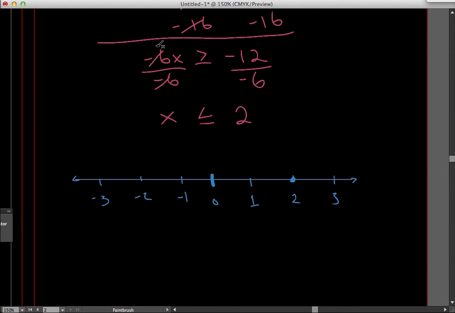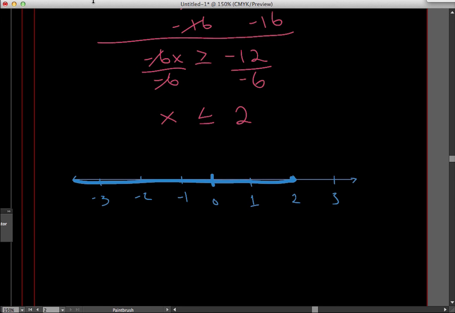And then we are going to fill in everything below that 2. Since we have a filled in dot here, that indicates that this inequality can actually equal 2. If this was an open dot, if it was not filled in, then this would have to be either a less than sign or a greater than sign, not or equal to.